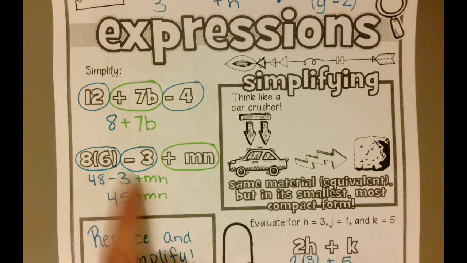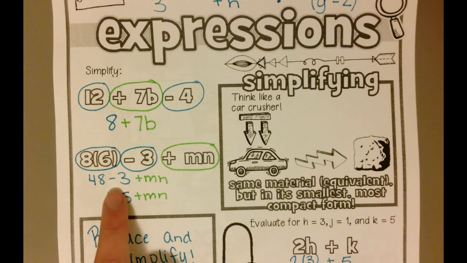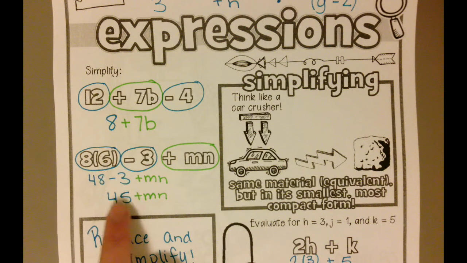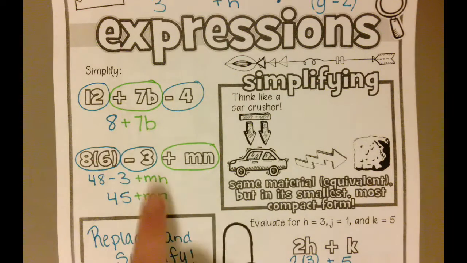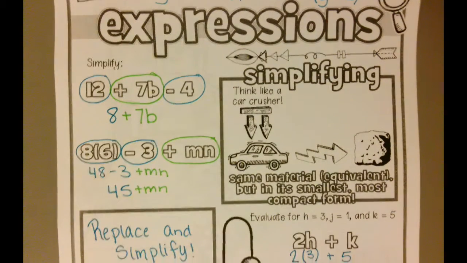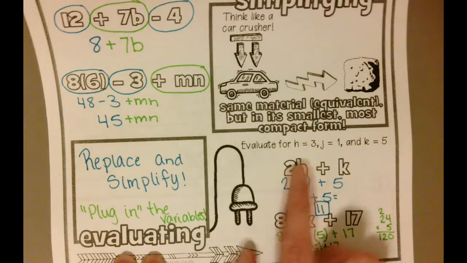I still have my constants in blue, my variables in green. So then I'm left with 48 minus 3 plus mn, and I can solve 48 minus 3, which gives me 45 plus mn. Now I can't do anything with these terms here, with the variables, because I don't know what the variable is. Okay?